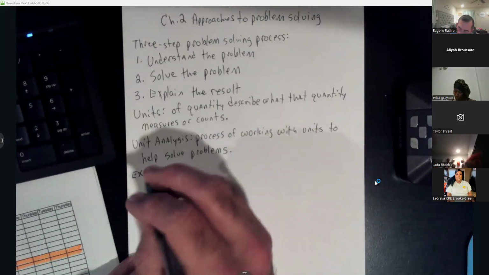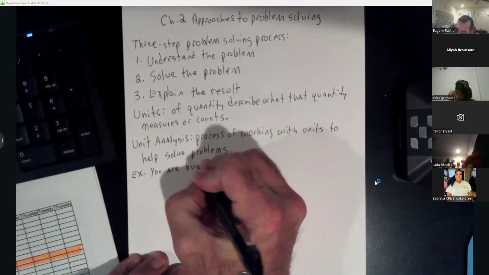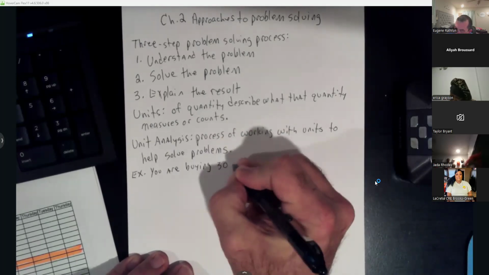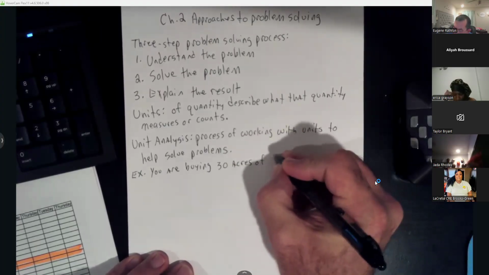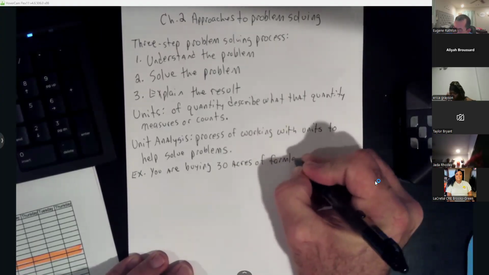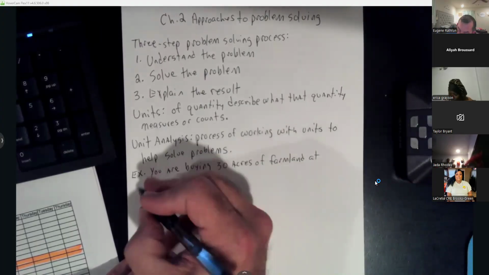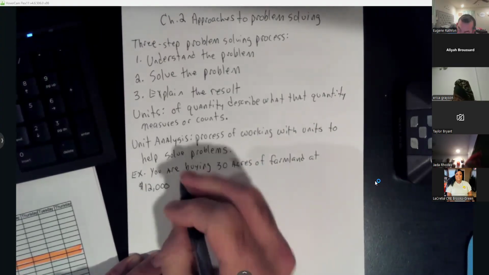So for this example, you are buying 30 acres of farmland at $12,000 per acre.